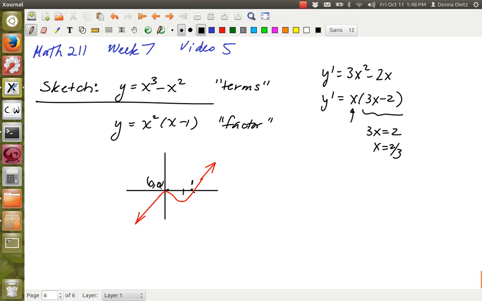So right about here. Let's see. What is the y value when x is equal to 2/3? Okay, you can work that out yourself if you want. This is going to end up being minus 4 over 27.